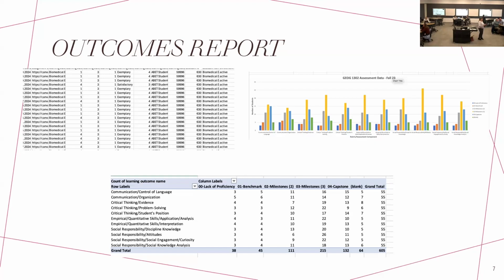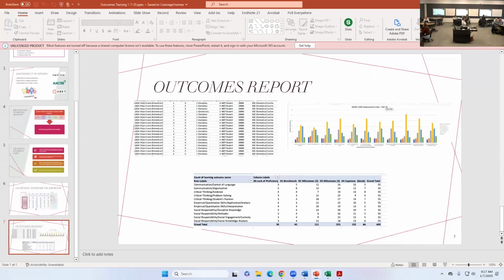So you can see a visual representation of how your students are doing based on the criteria that you set. And once you build this, this is the type of data that your accreditors love. So this is the kind of thing that goes to the assessment team and that they can, again, use to evaluate your student outcomes. Okay. And that's basically, in a nutshell, what the outcomes do.